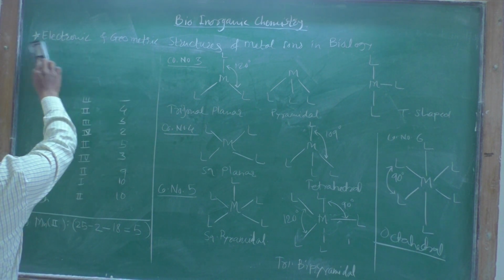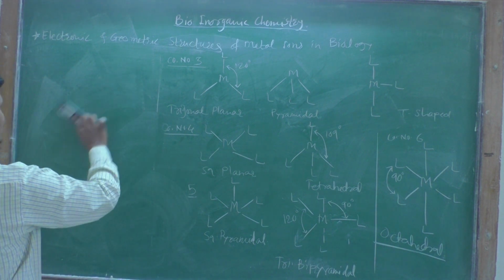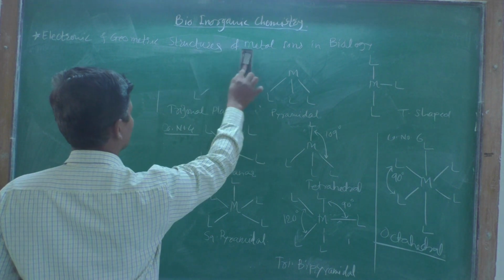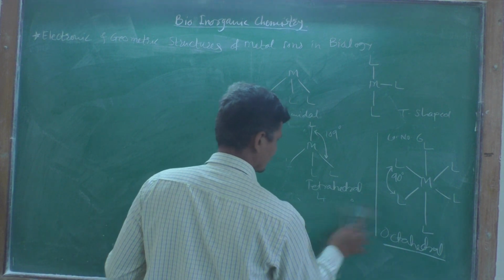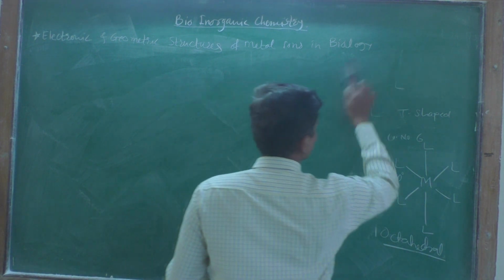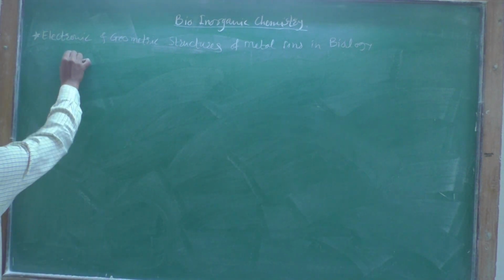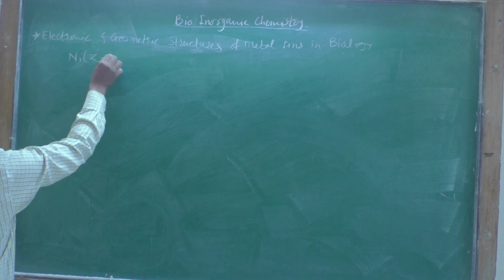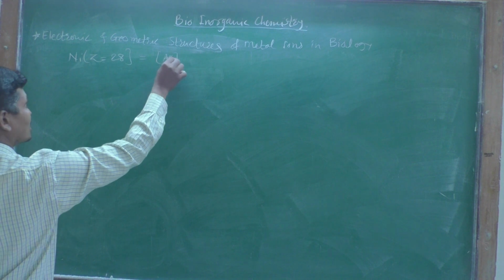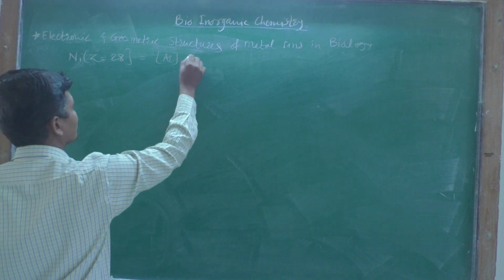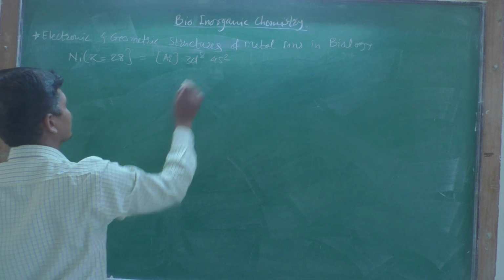Suppose we have a d8 or d9 electron configuration of a metal cation, for example nickel. So nickel 2 plus is with d8 configuration. Nickel has atomic number Z equal to 28, so the electronic configuration can be written as argon gas configuration, 3d8 4s2.